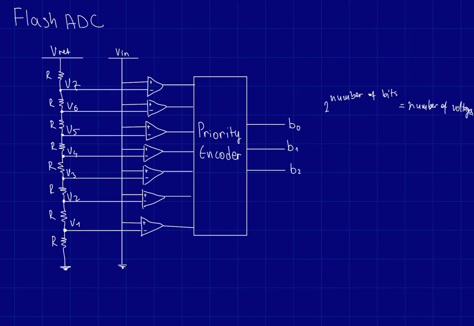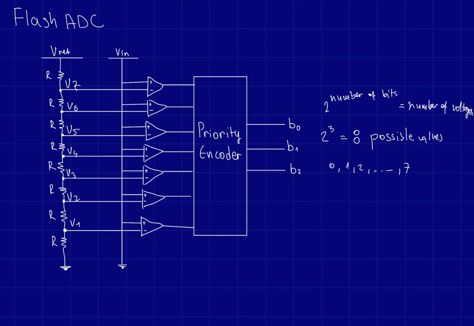Here, since we have 3 bits, if we substitute in the formula from above, we can have 2 to the 3, which equals 8 possible values, 8 possible voltages. So that's 0, 1, 2, all the way up to 7.